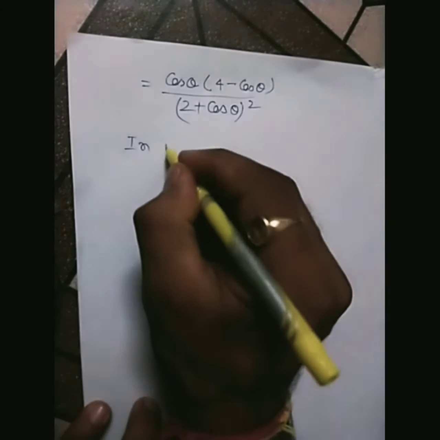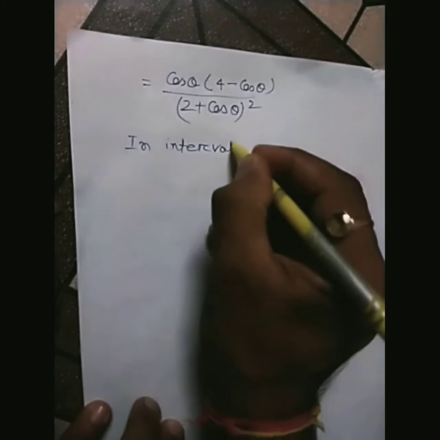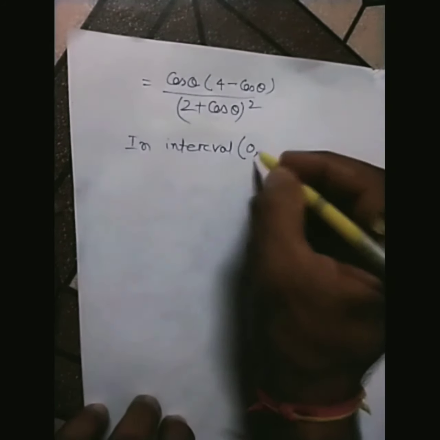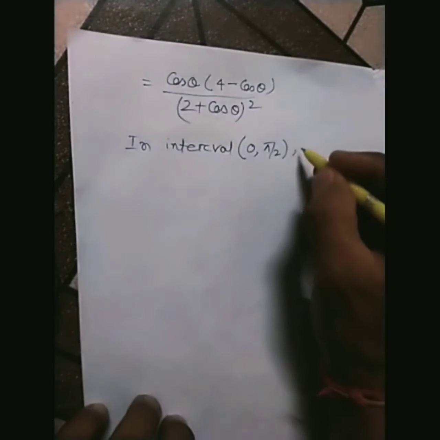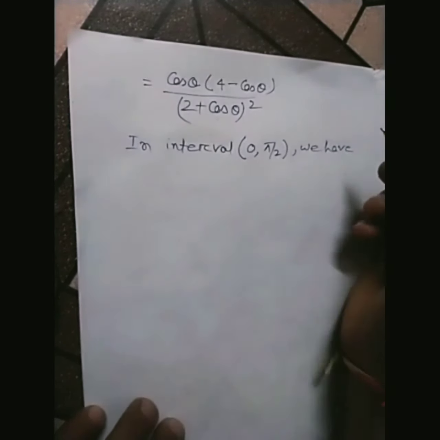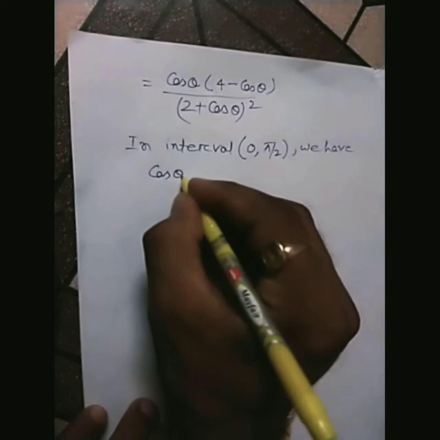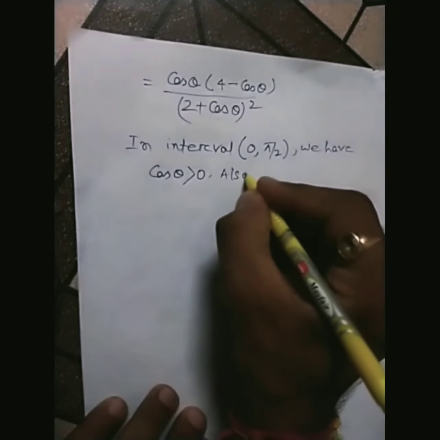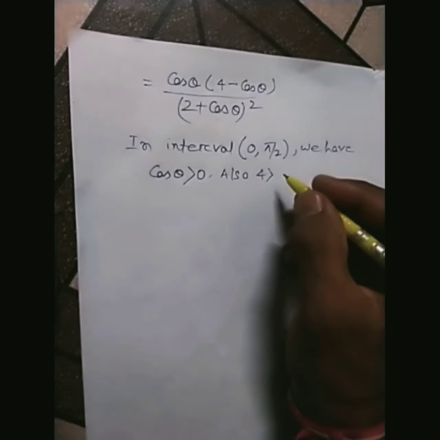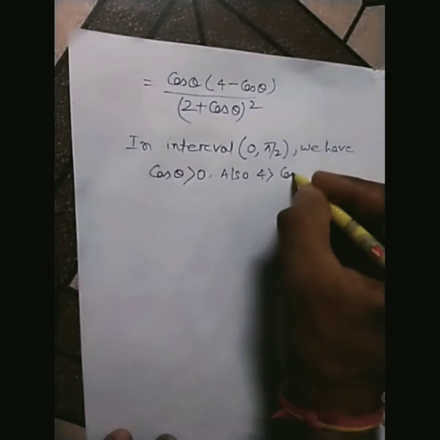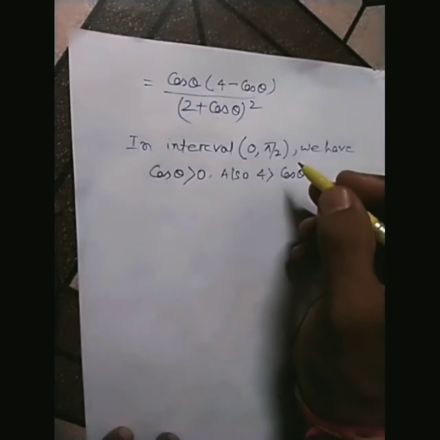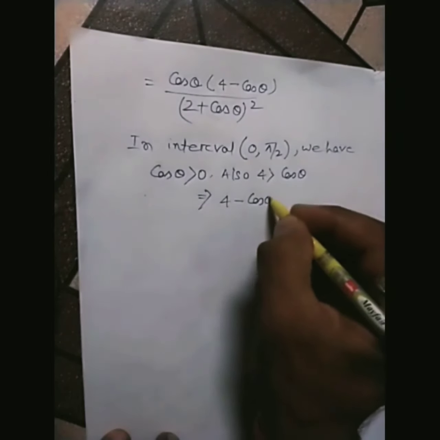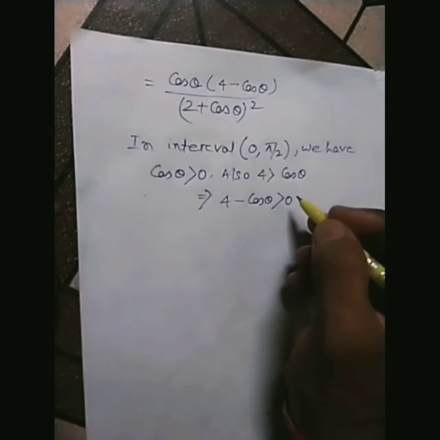In the interval, because you've got the value of theta equal to pi by 2. So in the interval 0 comma pi by 2 we have cos theta greater than 0, and also 4 greater than cos theta, which implies 4 minus cos theta greater than 0.